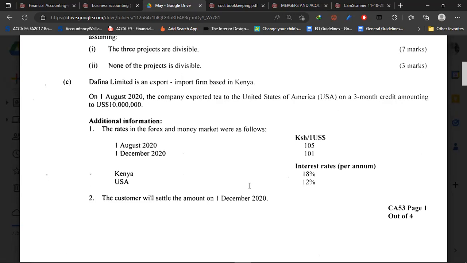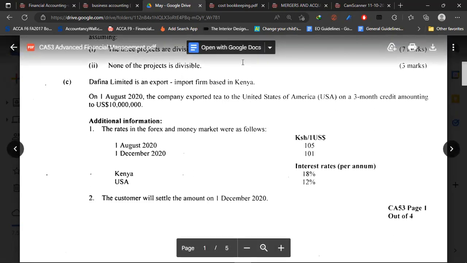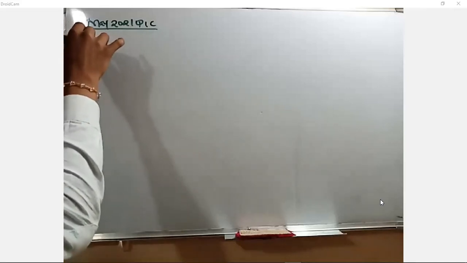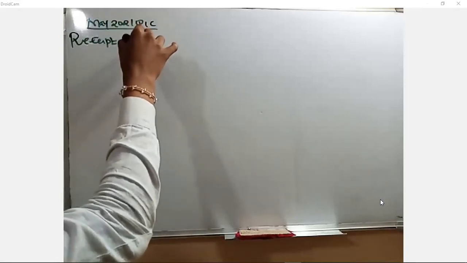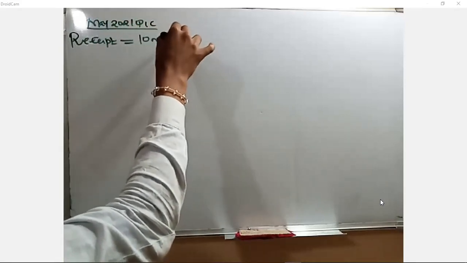The $10 million, is it a receipt or a payment? This is what you normally do. You say, I'm going to be receiving our receipts, and we have been told it is 10 million USD, US dollars.